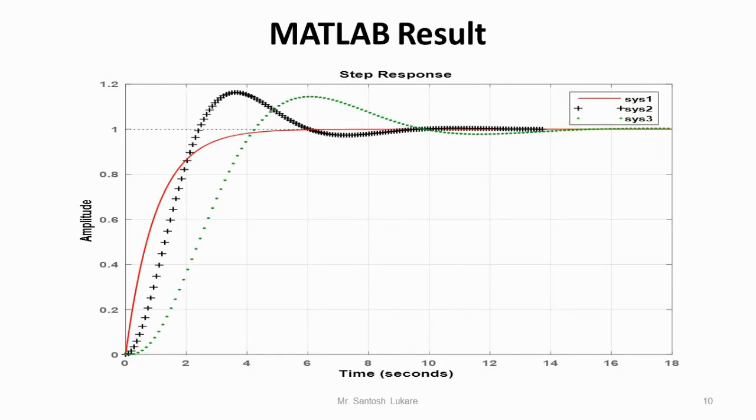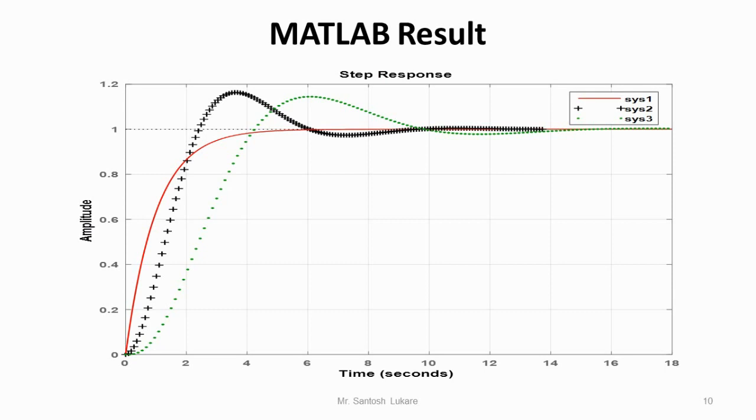The red plot is more stable than the black plot, which is more stable than the green plot. So if we add an open loop pole to the original plant, its closed loop stability becomes less. Now we'll discuss all these results in MATLAB.